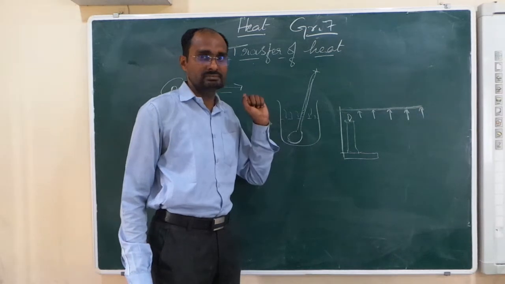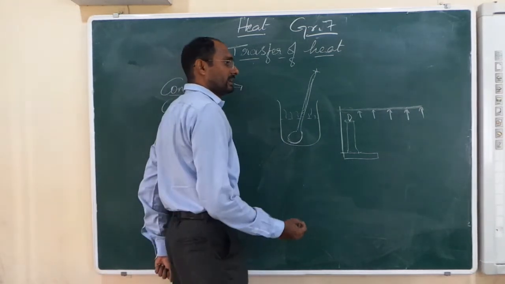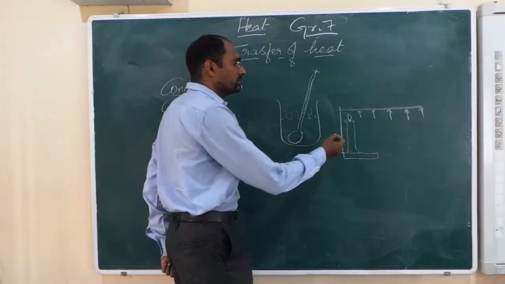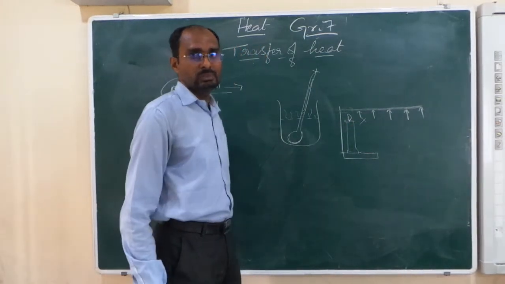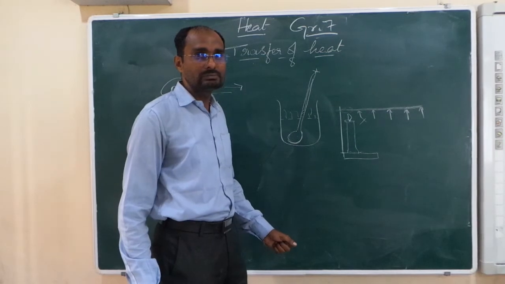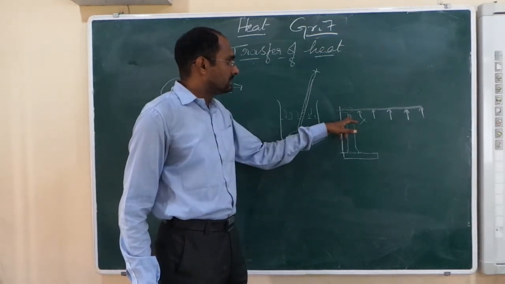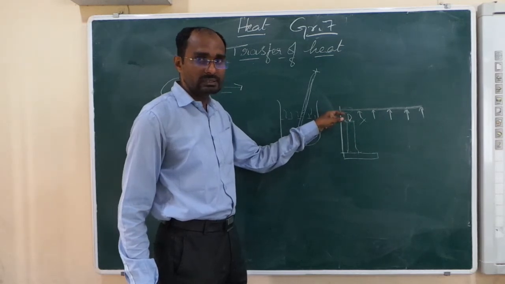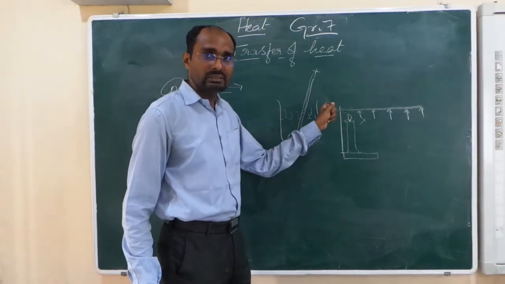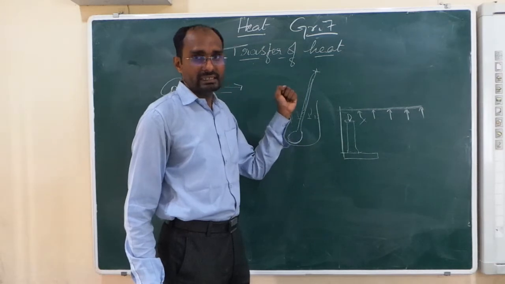Now slowly, after some time, you will see that this pin will fall down. Why is it falling down? See, this candle is actually heating up the metal rod and that metal rod is melting the wax.